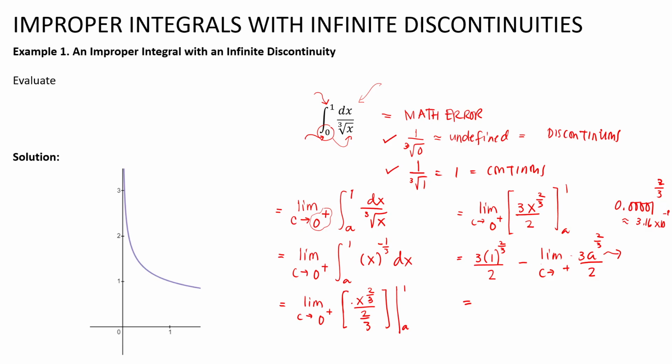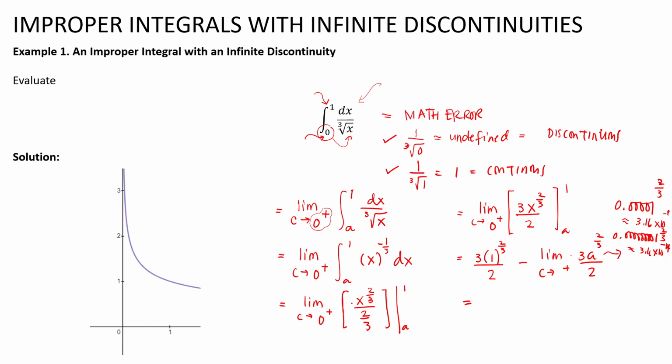If you try to plug in an even smaller number, 0.000001 raised to the power of 2/3, let's say you plug in 8 zeros, it gets even smaller. It's now 3.16 times 10 to the power of -14.